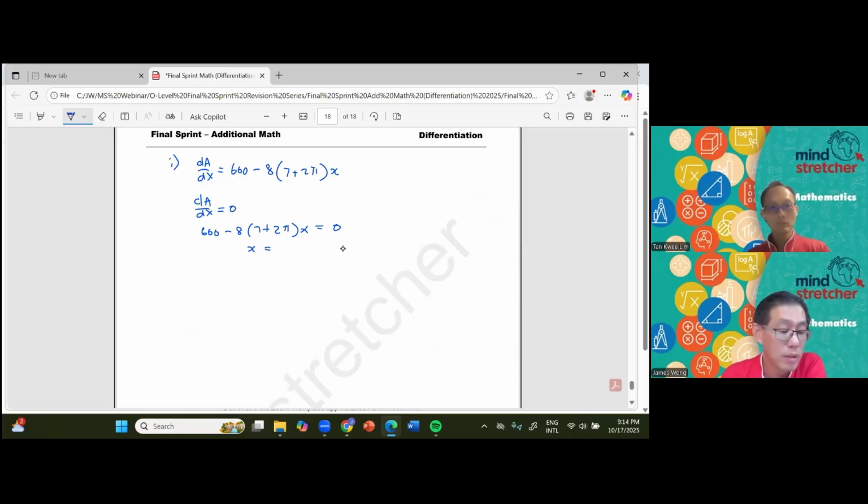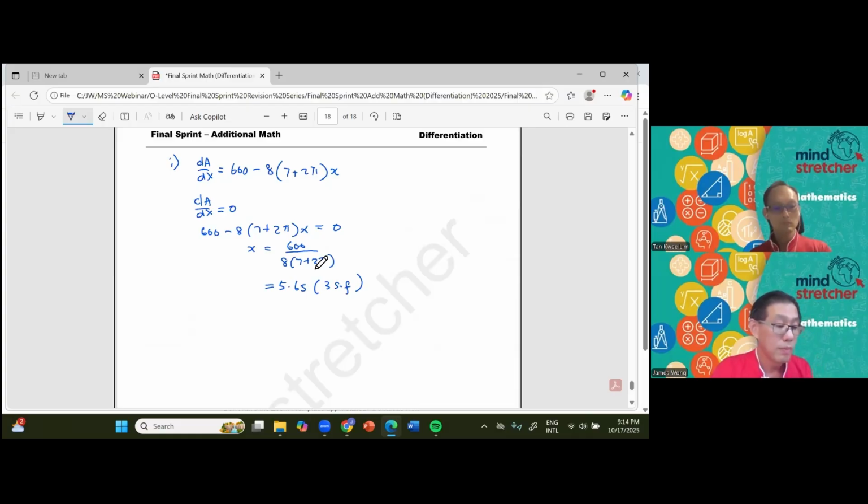If you solve for this, you should find that x is 600 over 8 times 7 plus 2 pi. If I use a calculator and simplify, you should get 5.65, based on 3 significant figures. So that is my stationary value.